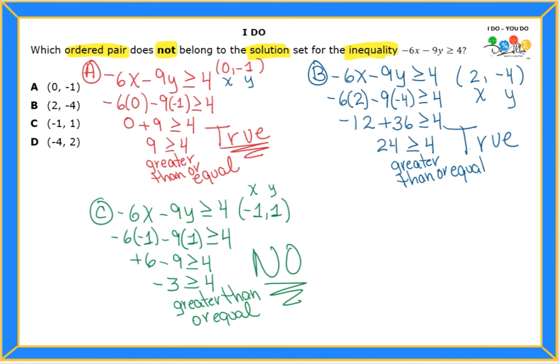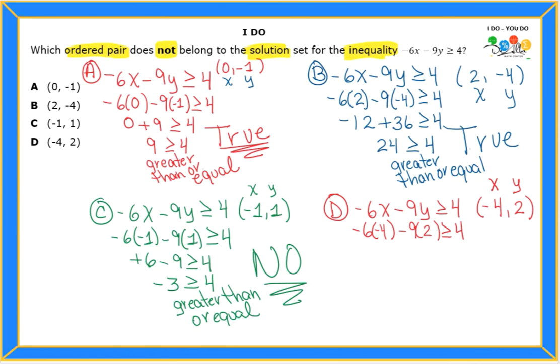So what I want to do is we're going to do letter D just to check that D makes it true. Okay? So let's write down again the same inequality. And the ordered pair that I'm going to choose is from D, which is negative 4 and positive 2, where negative 4 is x and 2 is y. Let's replace the values here. X is a negative 4. Y is a positive 2.